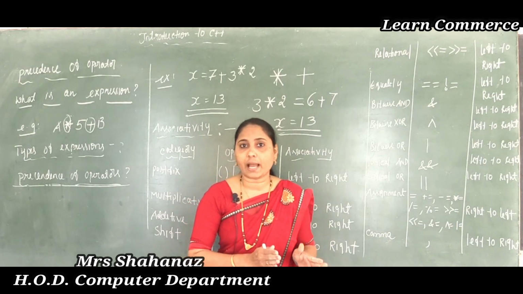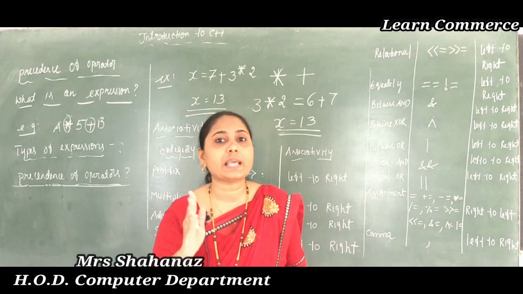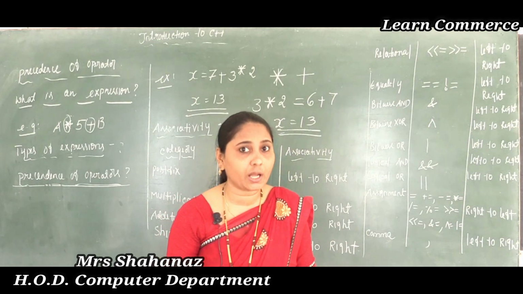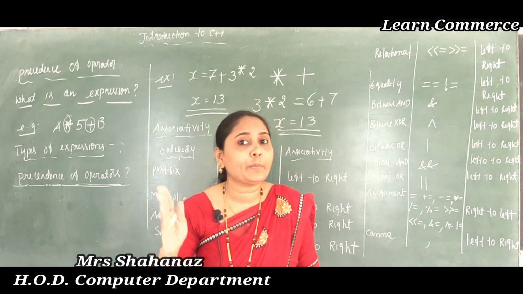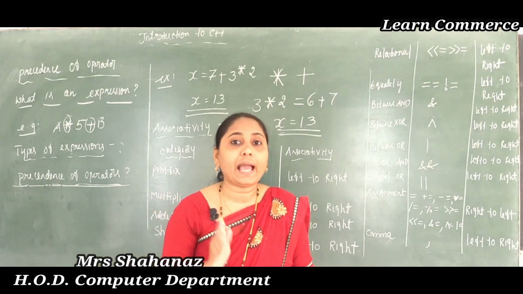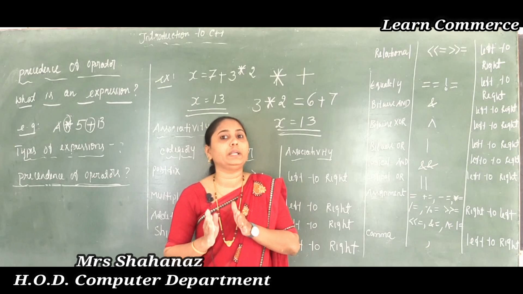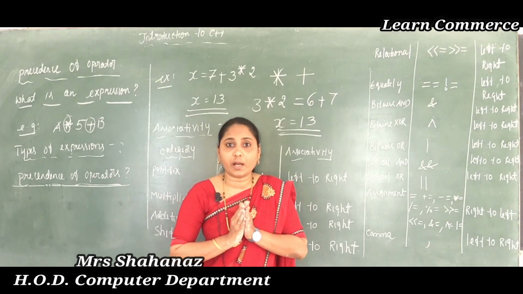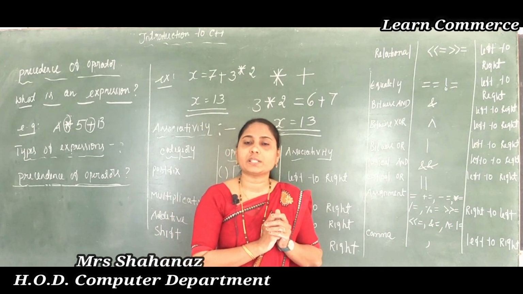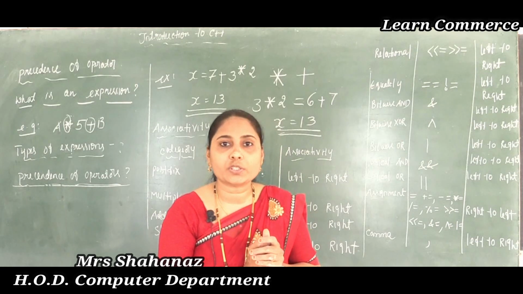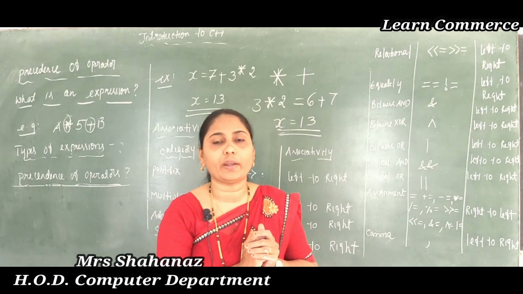So the operators of the same priority can be calculated either from left to right or right to left depending on the level here. This is also known as the associativity property of an operator.